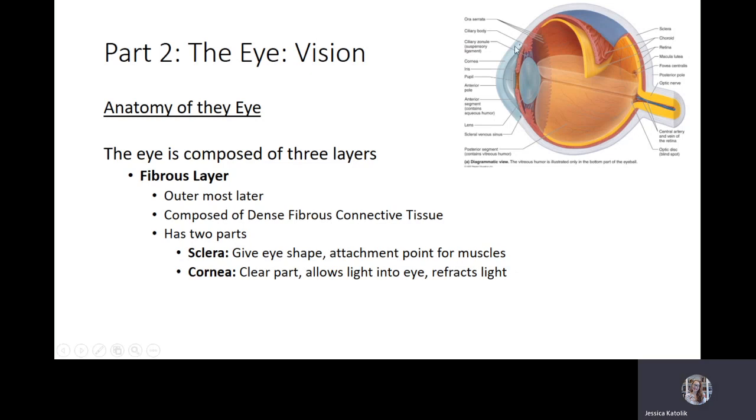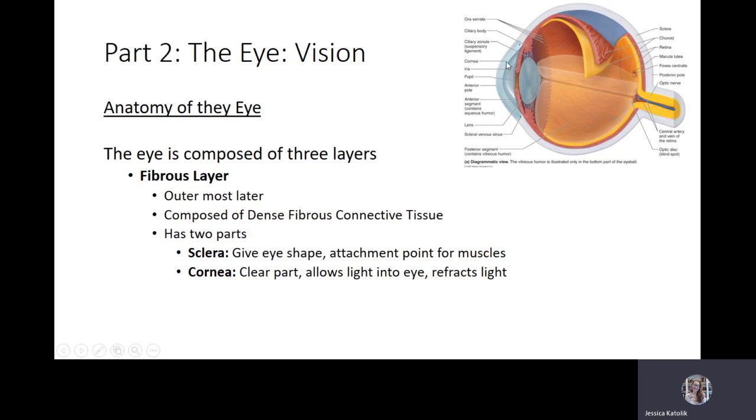Over here, there's a clear part of the fibrous layer. This clear part is called the cornea. The cornea allows light to enter the eye, and it has quite a bit of curvature to it.